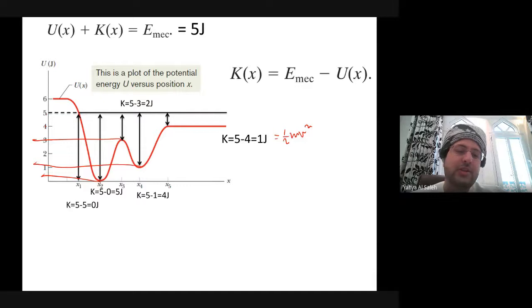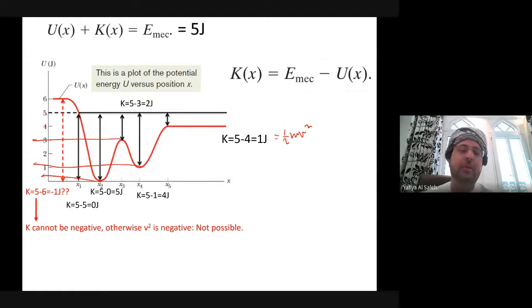Here my kinetic energy is 0, all my energy is in potential energy, and I have a tiny problem, because if I try to find my kinetic energy here, I will get minus 1 joule. And I cannot have minus 1 joule, because it means my V is negative, which is an imaginary number. So I have a problem. There seems to be a really big problem with this plot, because it wants me to have negative velocities. Not negative velocities, sorry, negative square of velocities. So this is a problem.